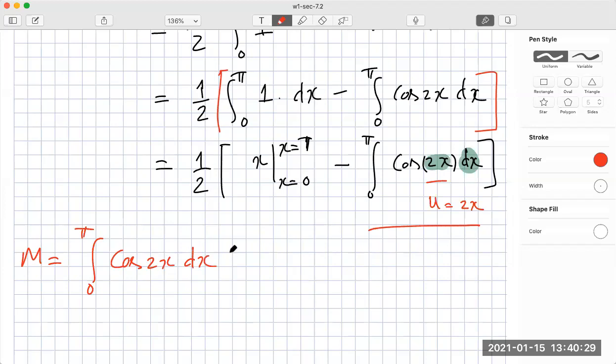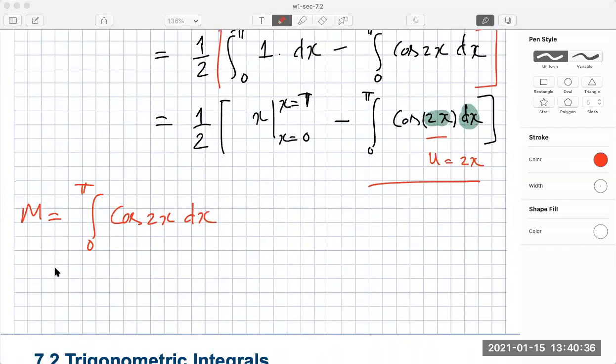If you know the general rule and do it many times, you will see that it is not difficult, but let us just do it with the substitution rule and make it easier. The angle here is 2x.